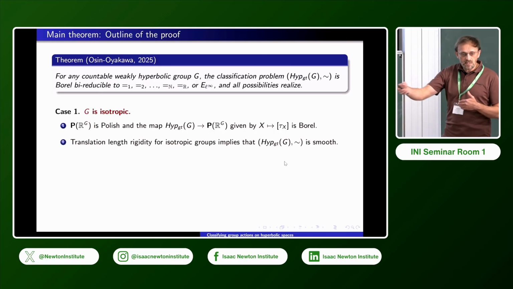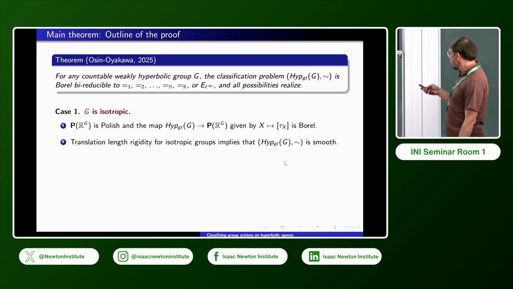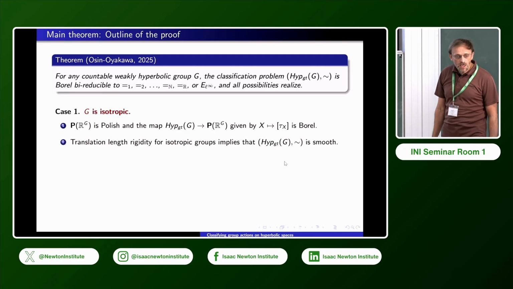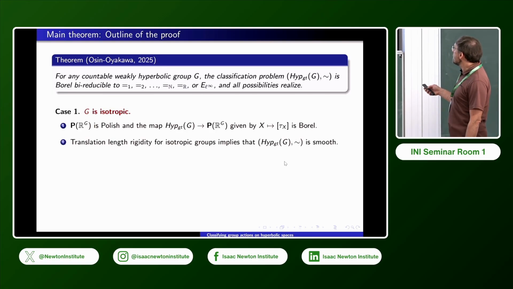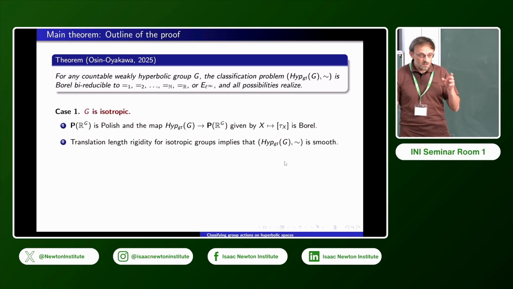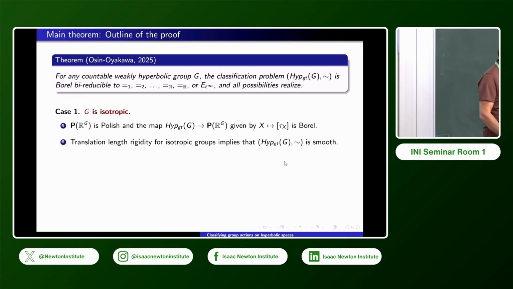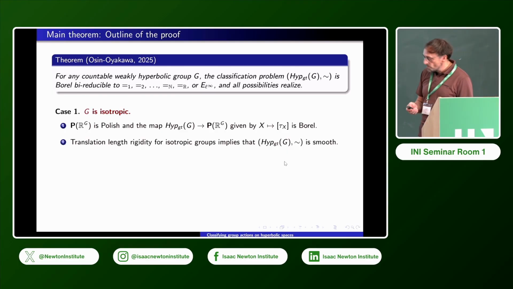So it serves as a Borel reduction, and therefore it's a smooth equivalence relation because the translation length function, or rather its equivalence class with respect to scalar multiplication, which is the equality relation on this Polish space, serves as a complete invariant for our classification problem. So this is done.